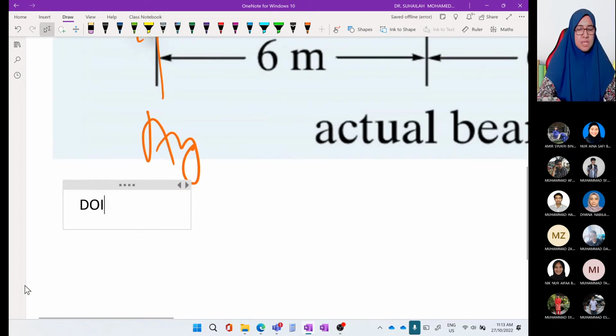Degree of indeterminacy is equal to the total unknown reactions.